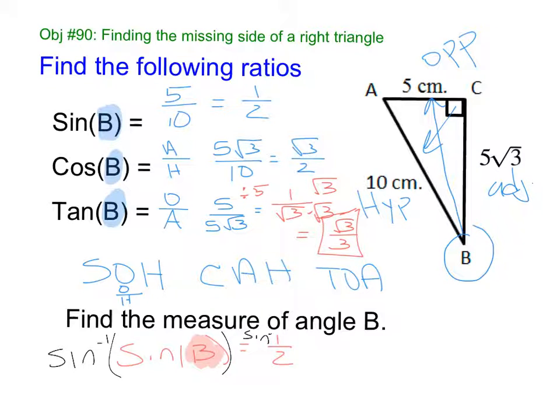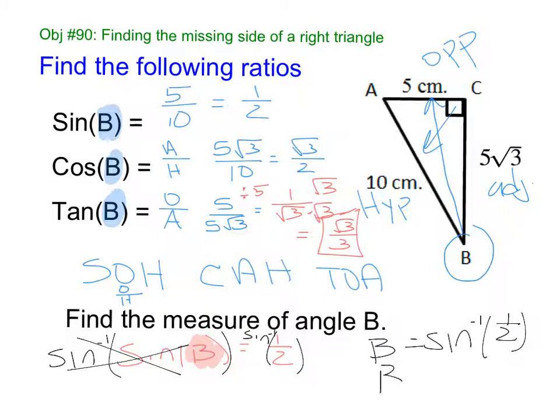So sine and sine minus 1 cancel each other out. So B equals sine minus 1 of 1/2. And then we're going to plug that in the calculator. So if you forgot how to do this, rewatch my video using Desmos. And I get 30 degrees. So that actually has a nice number.